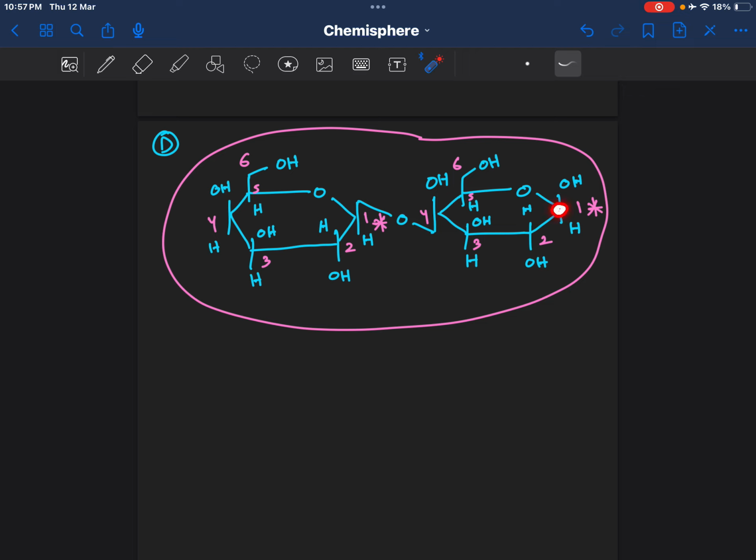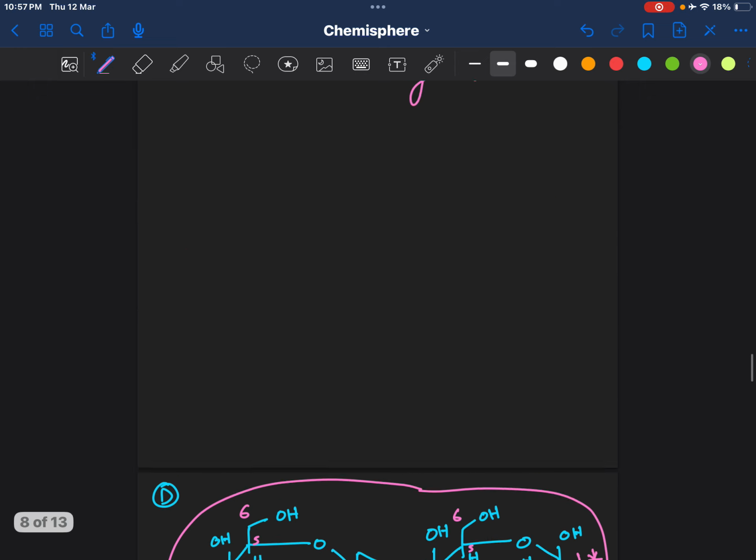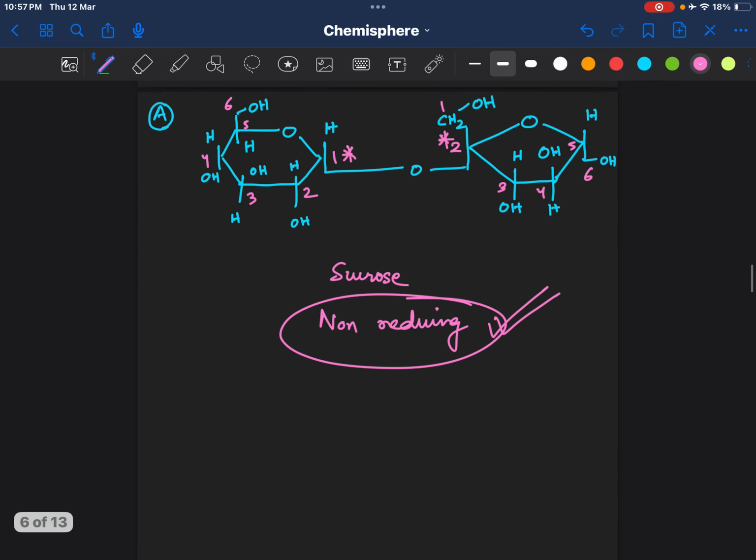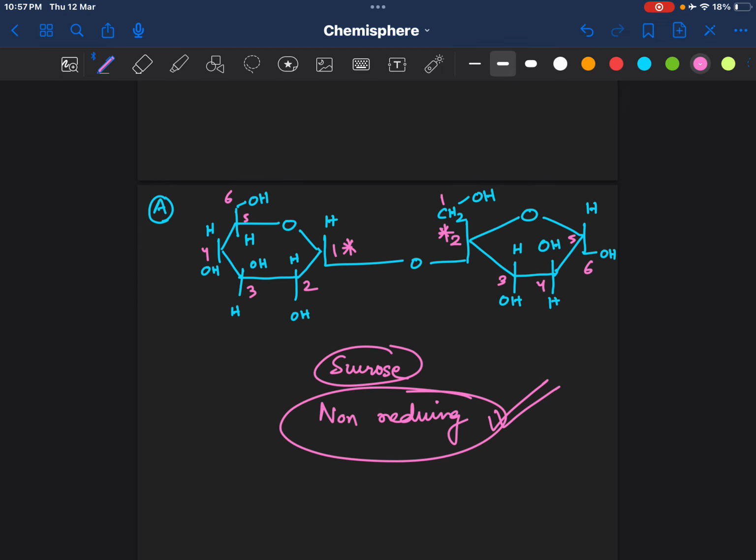The other carbon is free, not involved in a glycosidic linkage, and hence it can revert back to the aldehydic form and reduce Tollens reagent or Fehling solution. Therefore, this is also a reducing disaccharide. Since the question asks which one is non-reducing, the answer will be A, that is sucrose. Sucrose is non-reducing in nature. Thank you.